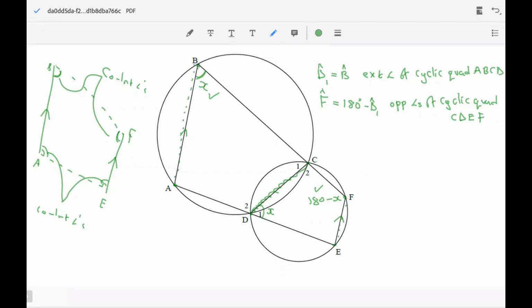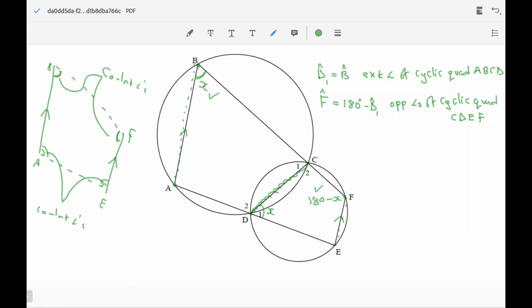I hope you can see that. We started with D1 being equal to angle B, exterior angle of cyclic quadrilateral ABCD. Then angle F being equal to 180 minus D1, reason being opposite angles of cyclic quadrilateral CDEF.